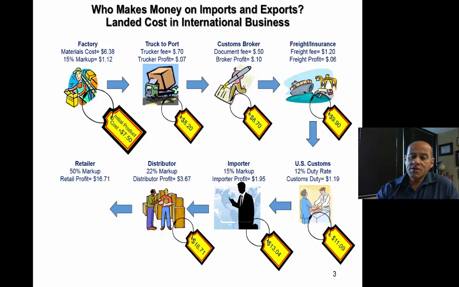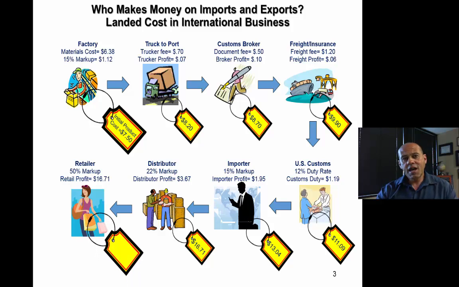So now the retail profit is $16.71. So now this item that started out in the foreign factory at $7.50 is now $33.42. So huge markup.